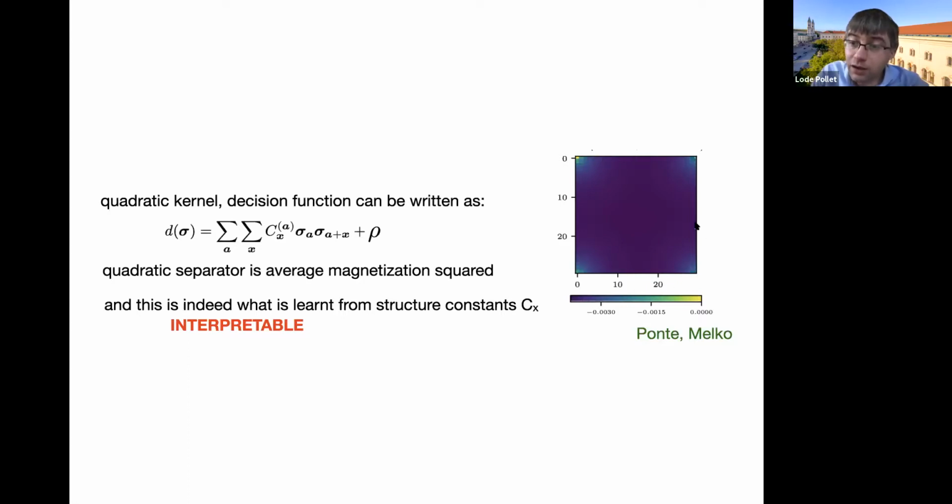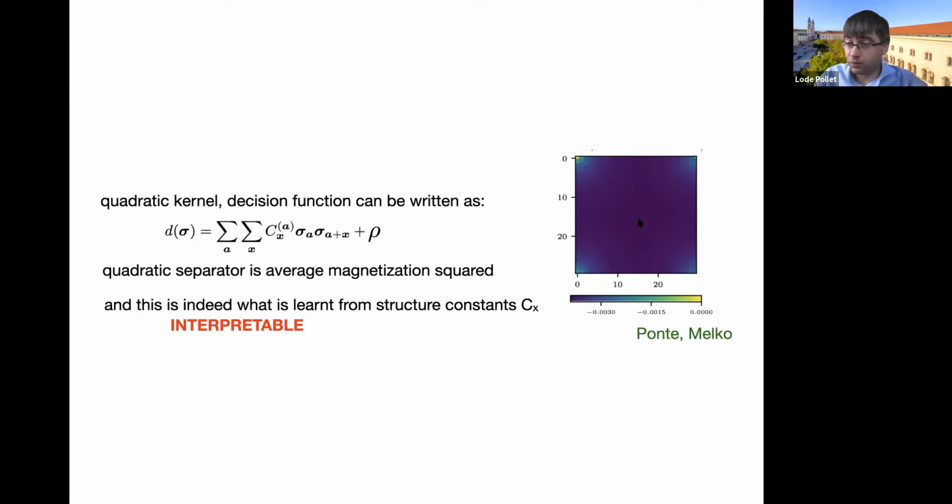What you see here in this plot is that the machine has learned that these constants Cxa, which are plotted, are just constant. They always take the same value. If you look more carefully, you will see that at the origin there is a slightly different value. As far as I know, this was discarded in the paper. However, there is something in it. We will come back to this later.